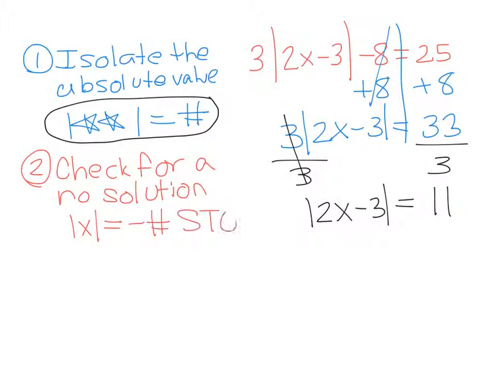There is going to be no solution to the problem. Don't keep going. Simply write no solution. If the absolute value equals a positive number, then you get to keep going. In this particular problem, our absolute value is equal to positive 11, so we'll continue on with the problem. Once you've decided that your absolute value has an answer, then you're going to do what I call, break it out of jail.